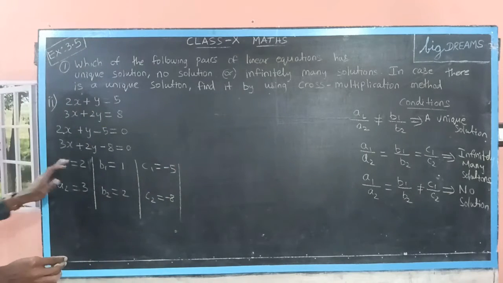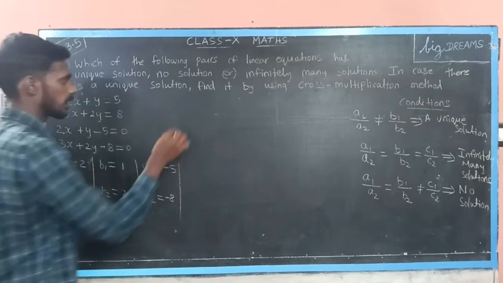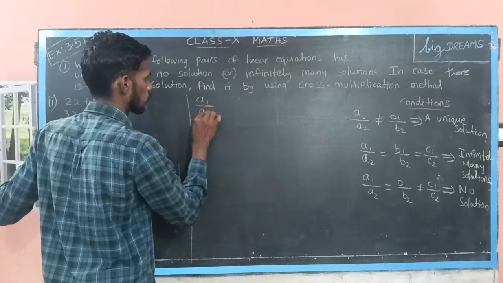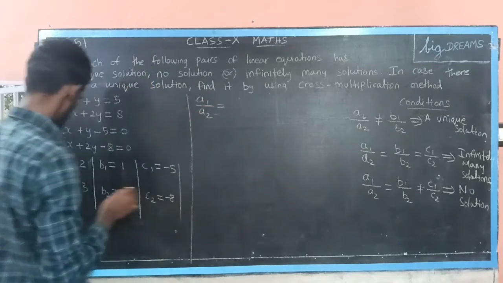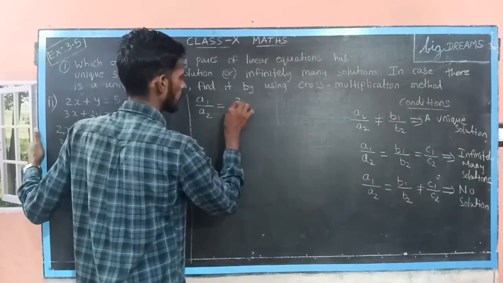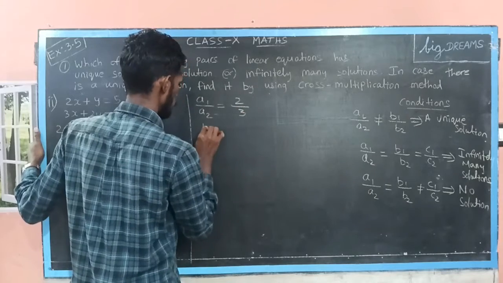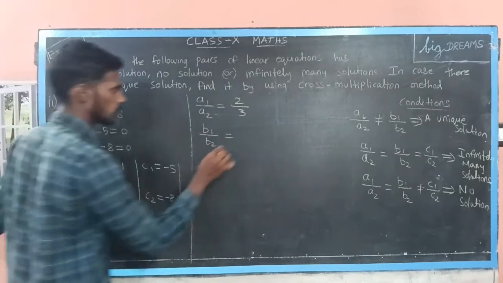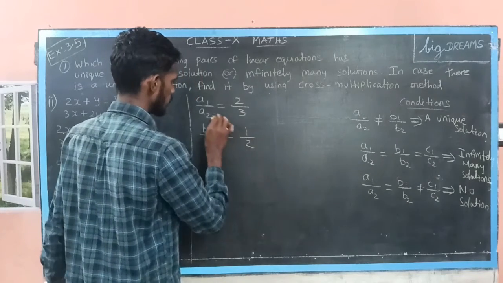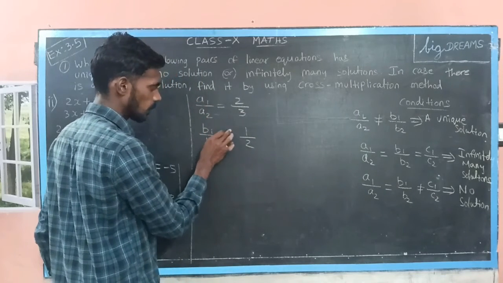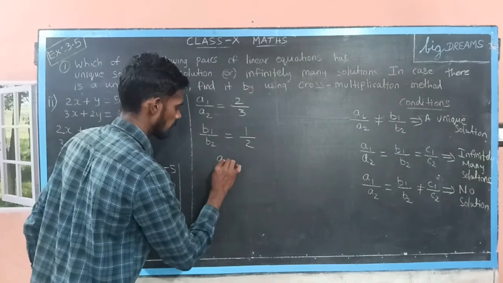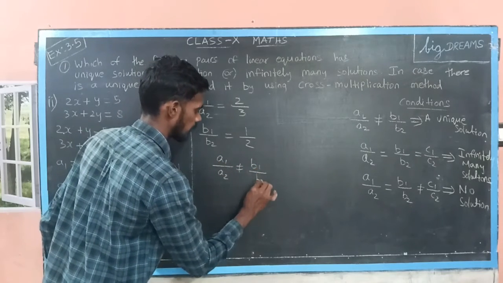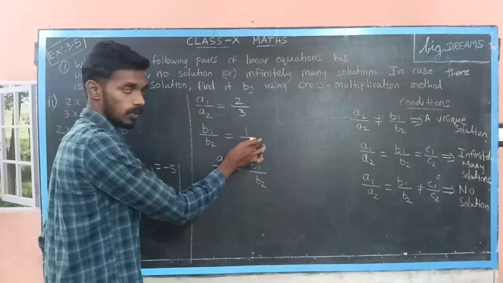Thus we have found the values of the coefficients. Then find a1 by a2, which is 2 by 3, and b1 by b2, which is 1 by 2. See here, a1 by a2 is not equal to b1 by b2 because 2 by 3 is not equal to 1 by 2.